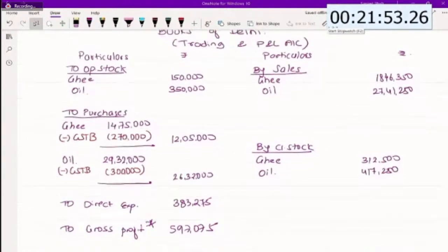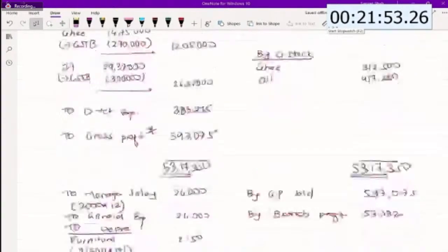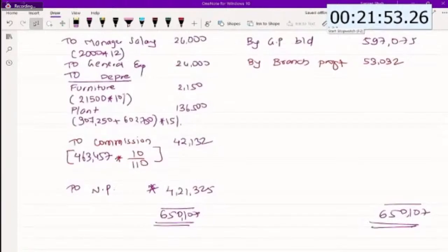Gross profit. Net profit. Chalo. Illustration 9, 10 is your homework.